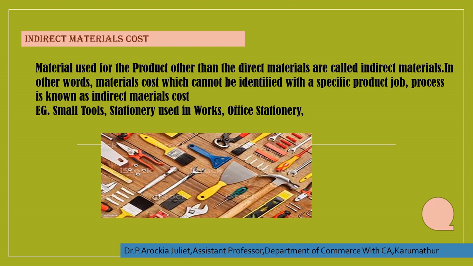Indirect material cost. Materials other than the direct material used to produce the product are called indirect materials. Material cost which could not be identified with a specific job or process is known as indirect material. For example, small tools, stationery used in works, office stationery.